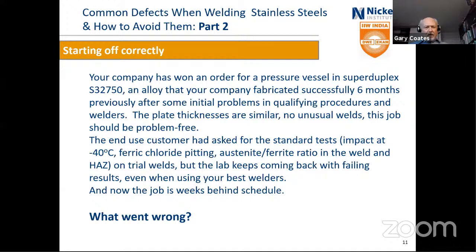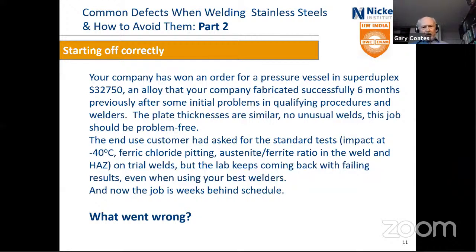And the end customer, as many in oil and gas and other industries, they'll specify some standard tests, an impact test at minus 40 degrees C, a ferric chloride pitting test, which on super duplex is done at plus 40 degrees C. They want the austenite ferrite ratio in the weld and the heat affected zone to be measured on a trial weld.